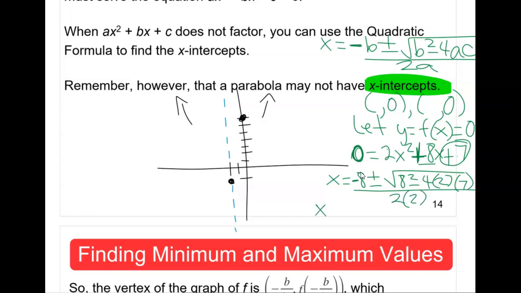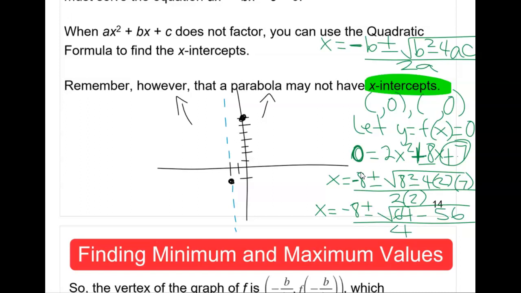Okay, so we will get negative 8 plus minus square root of 64 minus 4 times 2 is 8, 8 times 7 is 56, and everything divided by 4.